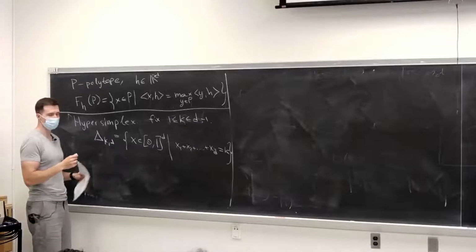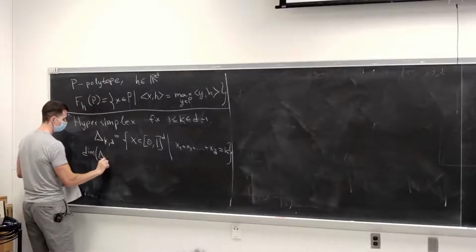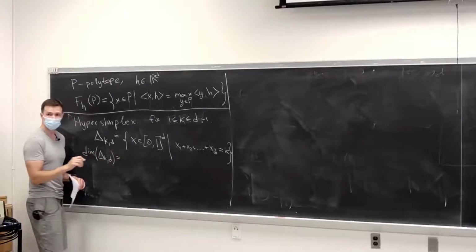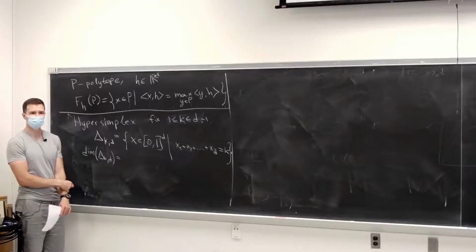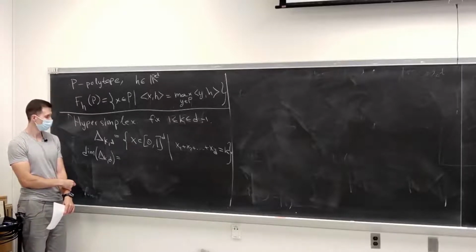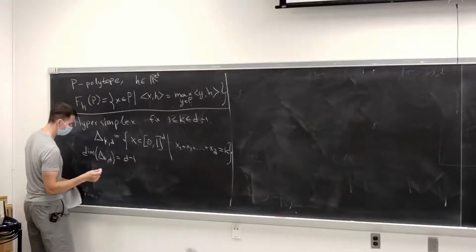So what's the dimension of this polytope, let's say? Seems like, yeah, it should be d minus 1. Okay, yeah, let me try to draw a few examples.